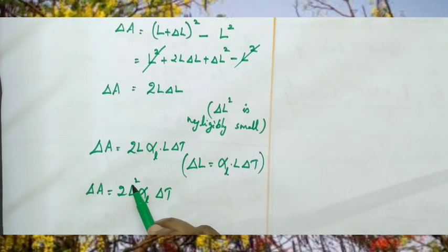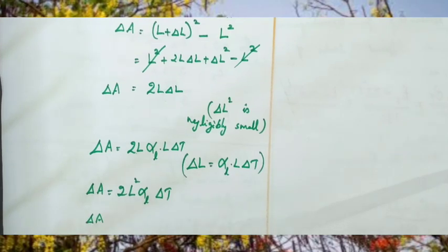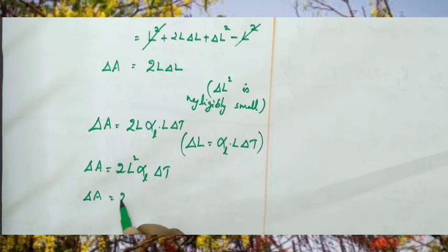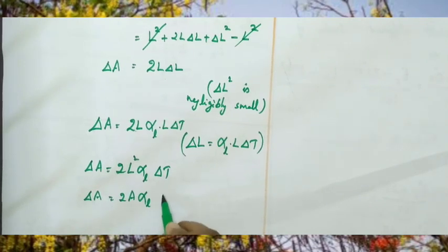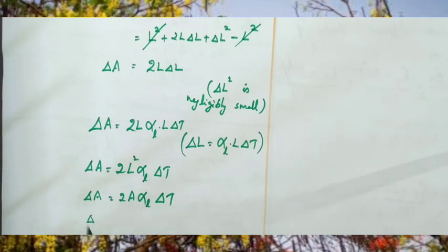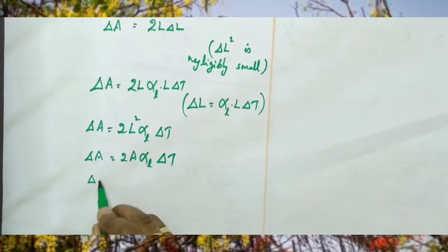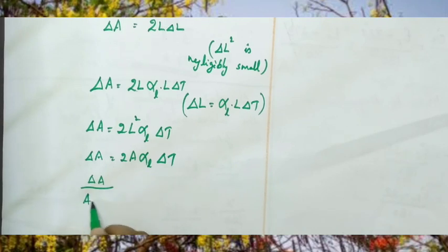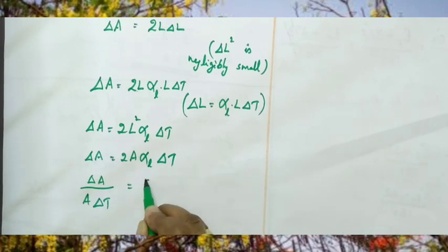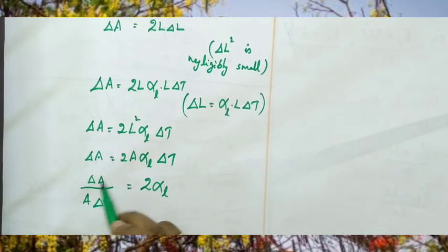What is this L square? L square is the initial area which is A. So, delta A equals 2A alpha L into delta T. Here A and delta T can be taken to the other side. So we can write delta A divided by A delta T is equal to 2 alpha L. But what is this delta A divided by A delta T?